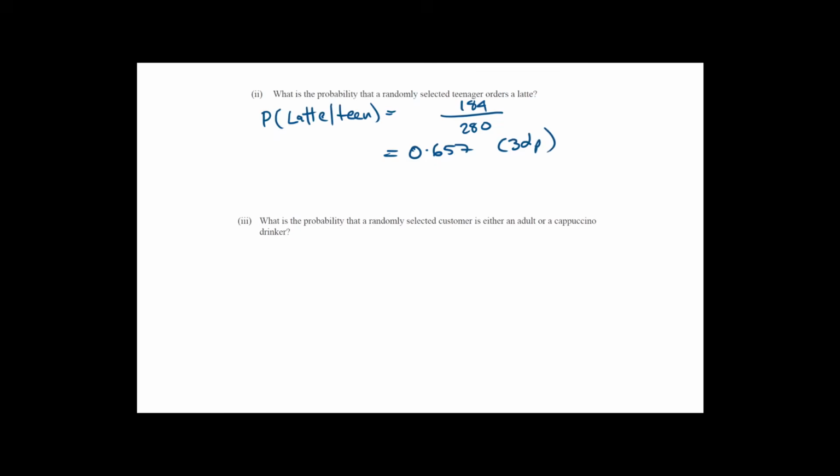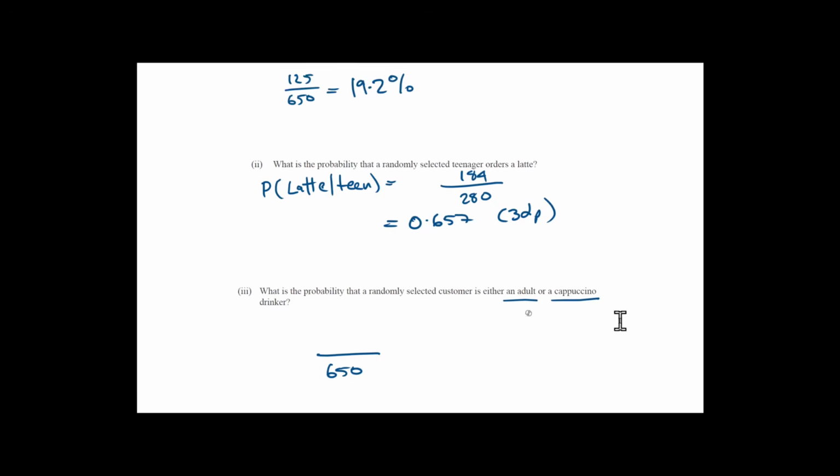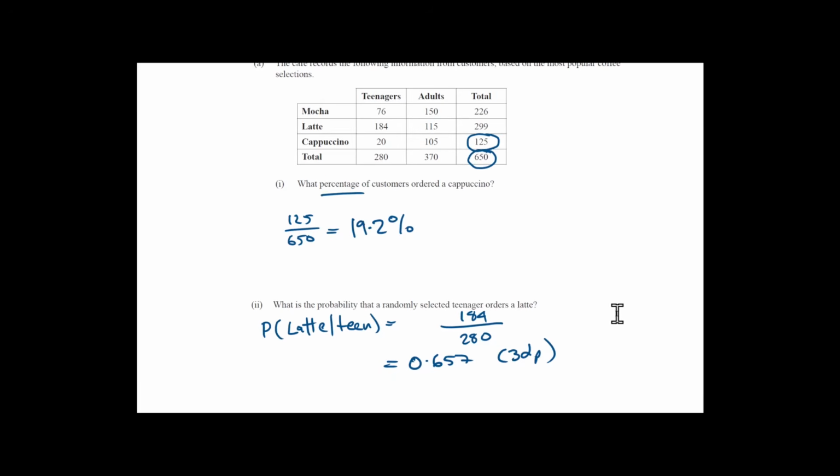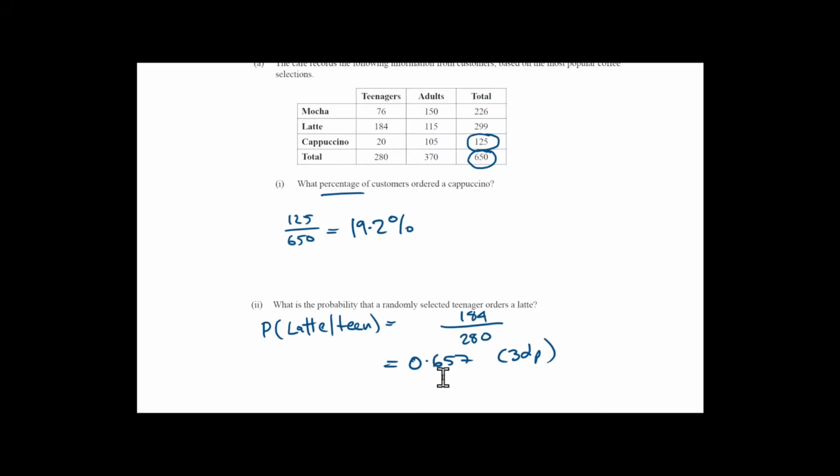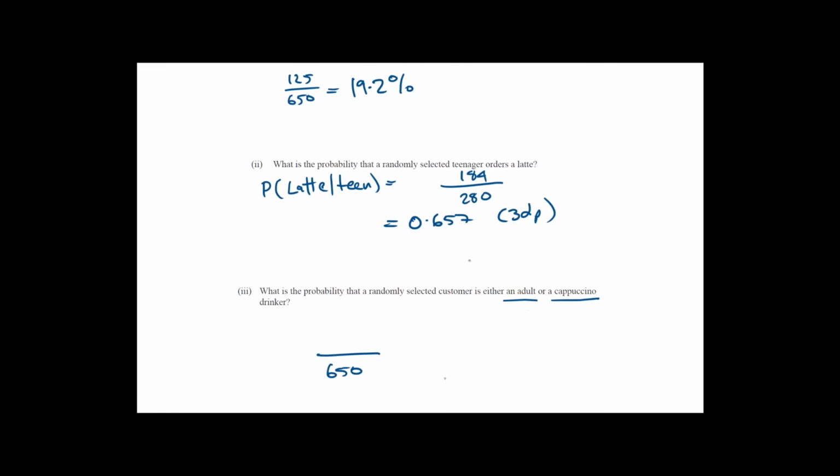So now we want the probability that a randomly selected customer, so this is out of all of the customers, all 650 customers, is either an adult or a cappuccino drinker. So how many meet that criteria? There are 370 adults.